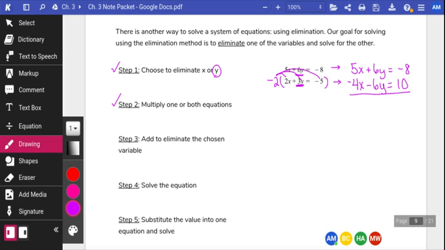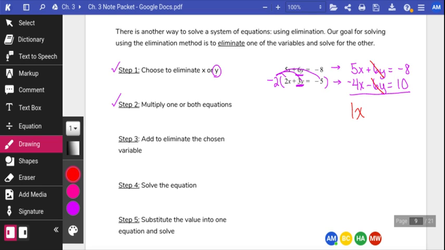Now I'm going to add to eliminate my chosen variable. Looking down here, these two are going to cancel each other out. Plus 6 minus 6 gives you back 0. Now we're going to add the rest. 5x minus 4x is 1x.